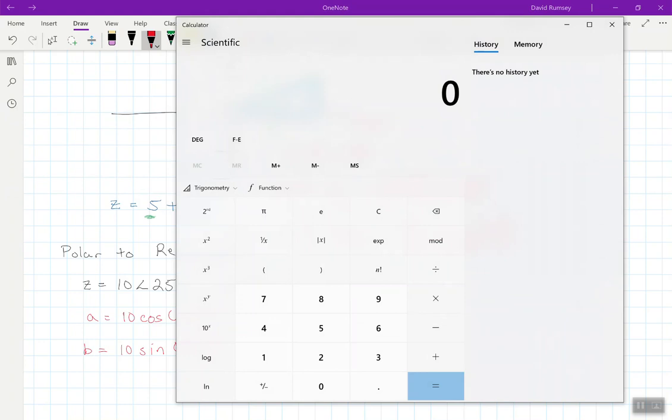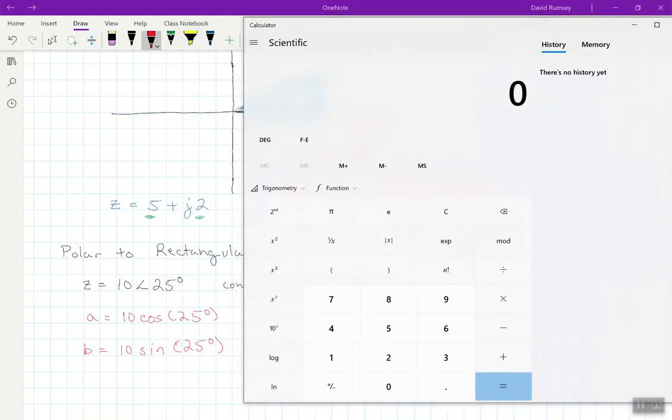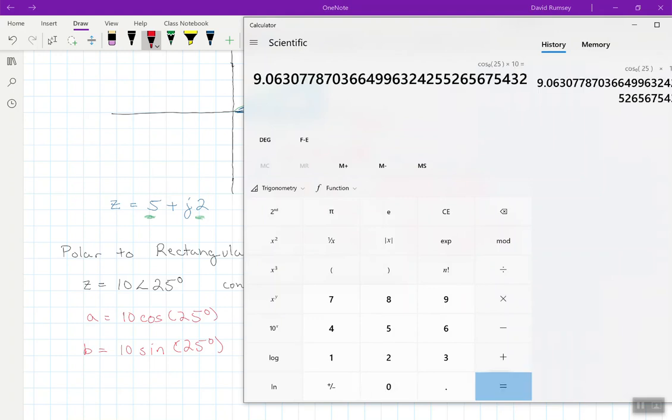The other thing you want to make sure is that the mode of your calculator is correct. You want to make sure you're in degrees and not radians. So to get A, I would do 25 cosine, and of course it depends on how your calculator is used as far as how you'd enter it, times 10. And so I get 9.06.